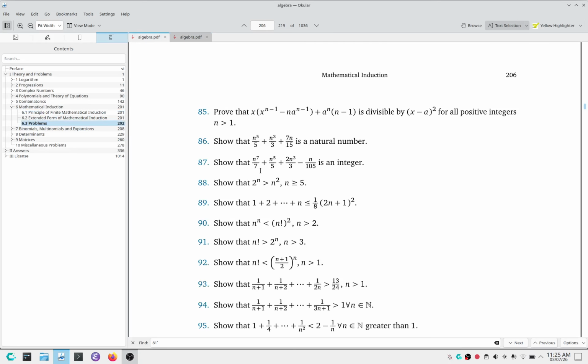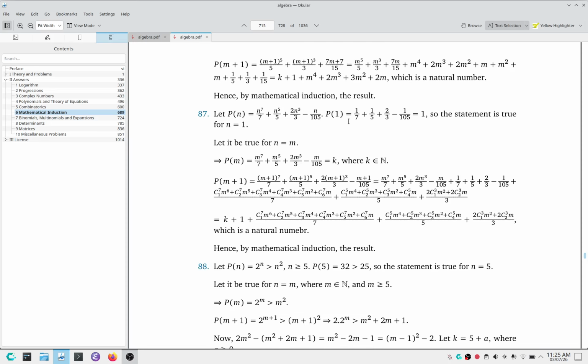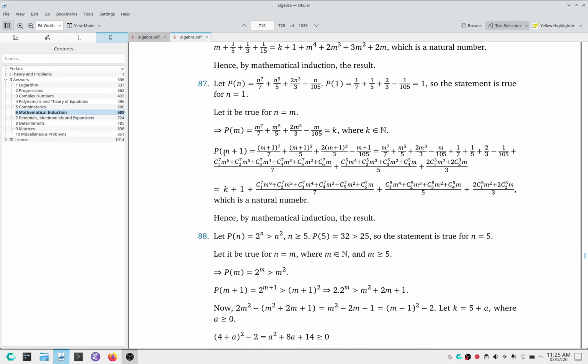Question 87 is similar, says that n raised to the power 7 over 7 plus n raised to the power 5 over 5 plus 2n cube over 3 minus n over 105 is an integer. So similarly, we put n is equal to 1, we get 1, so the statement is true for n is equal to 1. For n is equal to m, we let the expression be equal to k, where k is in the set of natural numbers. And then we put n is equal to m plus 1 and we do simplification. Now it is quite a bit to read, so I would advise you to read.